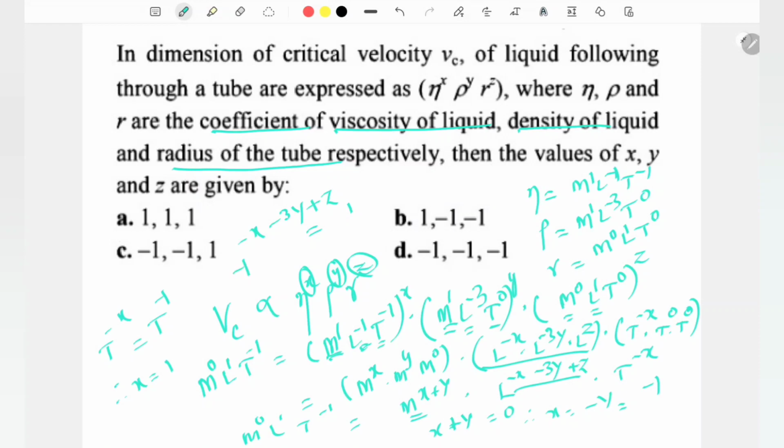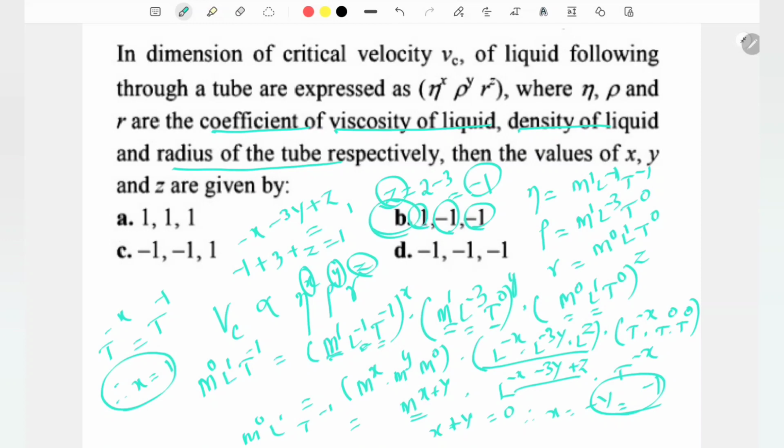Minus x is minus 1, minus 3y is plus 3, plus z is equal to 1. By moving minus 1 plus 3 to the right side, we get z is equal to 2 minus 3, which is equal to minus 1. So x is equal to 1, y is equal to minus 1, and z is equal to minus 1. Option B is the correct one. So we can choose option B as the correct option.